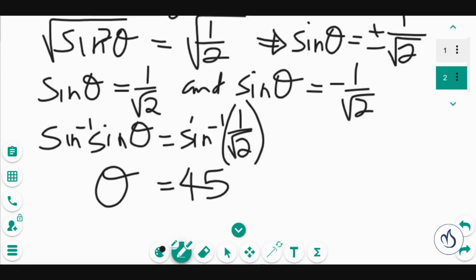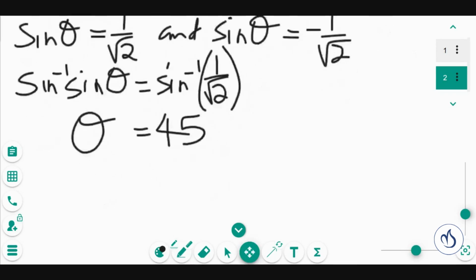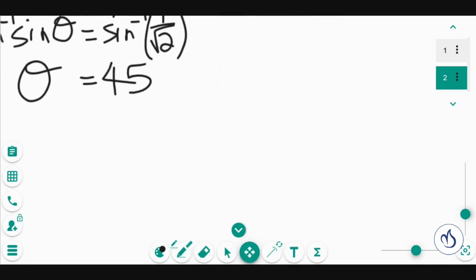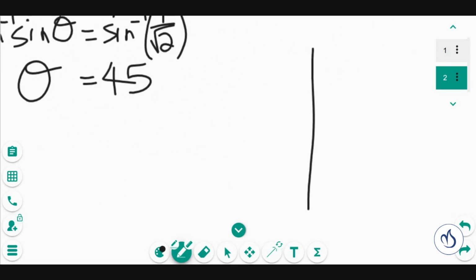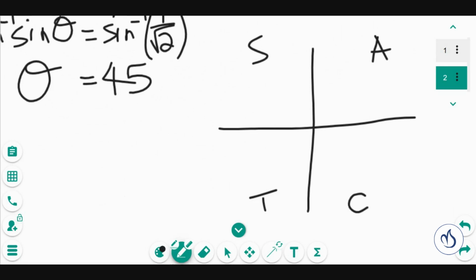Those are just angles that we must show in the quadrants. So when theta is 45, I am going to draw the quadrants here. And I know in the first quadrant, all of them are positive. Sine is positive, tan is positive, cosine is positive.